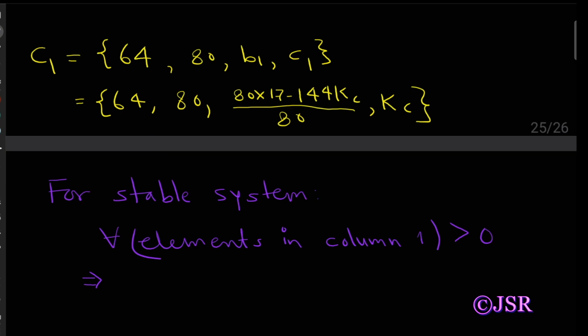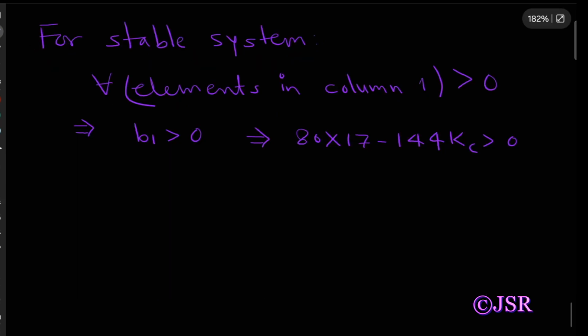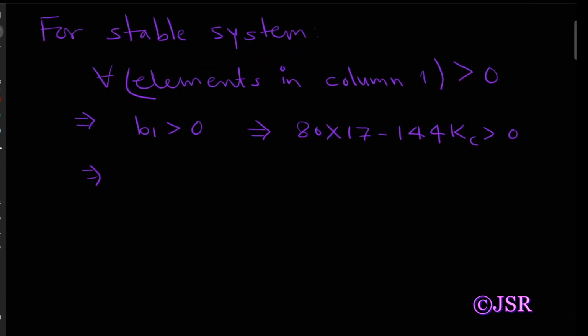It means this B1 should be greater than 0, or 80 into 17 minus 144 Kc should be positive, or we can say this Kc must be less than 80 into 17 by 144.